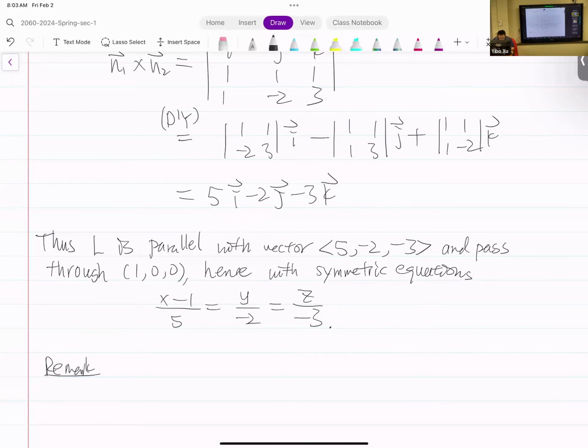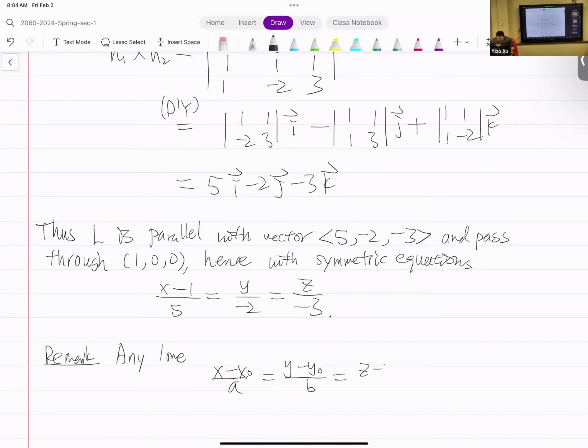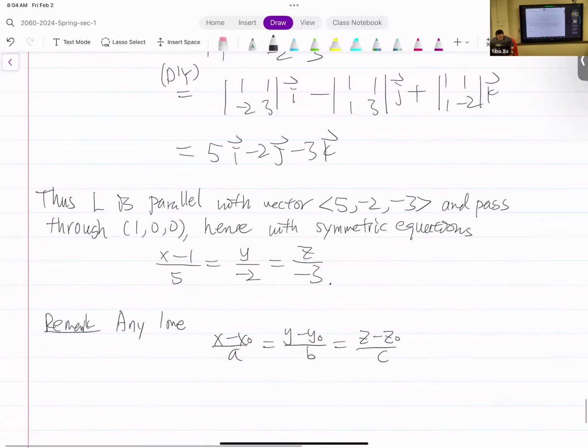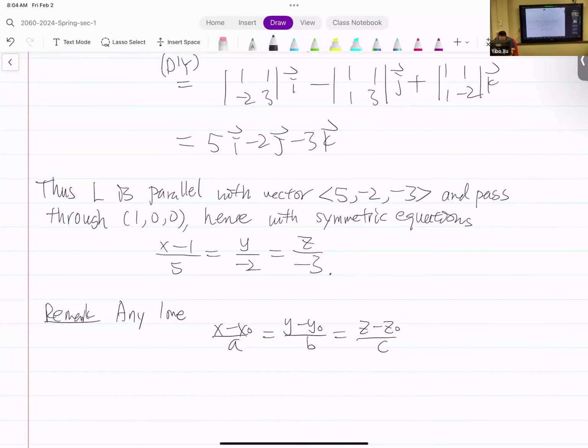So if you think about the symmetric equation, remark: any line of the form (x minus x0) over a equals (y minus y0) over b equals (z minus z0) over c can be regarded as the line of intersection of planes. You can think about it as the intersection of two separate planes.